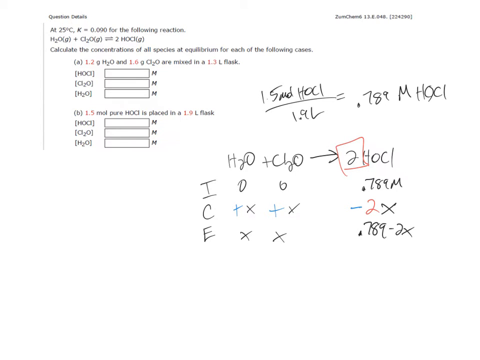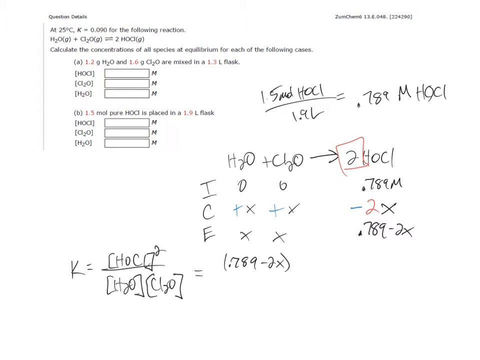And if we were to write an expression for K, we would take the concentration of the product squared over concentrations of reactants, and we'll just plug in our equilibrium expressions.